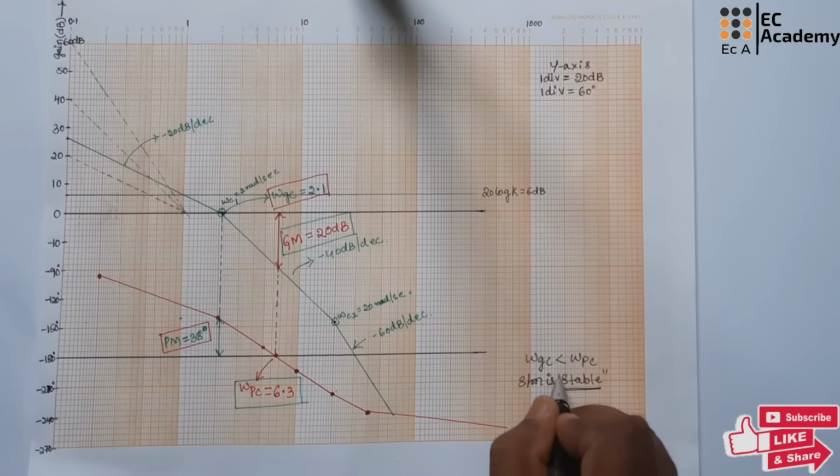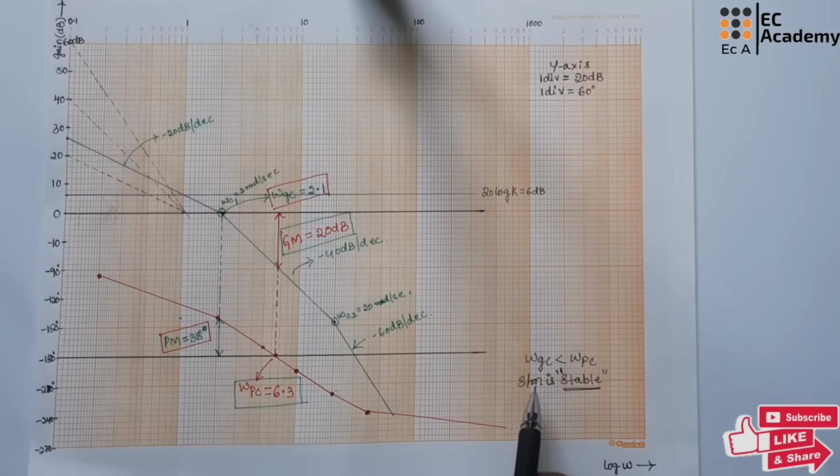So the given system is stable. If omega GC is greater than omega PC, the system is unstable. If omega GC is equal to omega PC, this system is marginally stable. So from the Bode plot we understood that the given system is stable system.